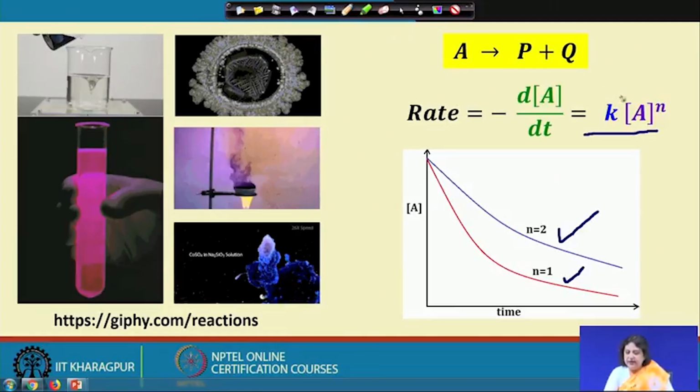Now, in this rate of the reaction, the important quantity is this rate constant, which is a proportionality constant that tells me, for the given reaction, how the rate will be estimated for a given concentration of A. So, the challenge of today's lecture is if we can give a microscopic interpretation of this rate constant K, because as you see here, the rate that we are measuring, we are using all the macroscopic equipment to do that.